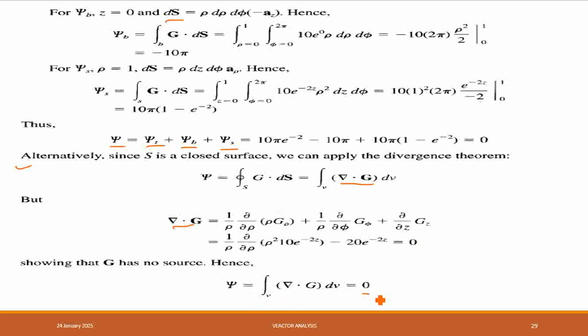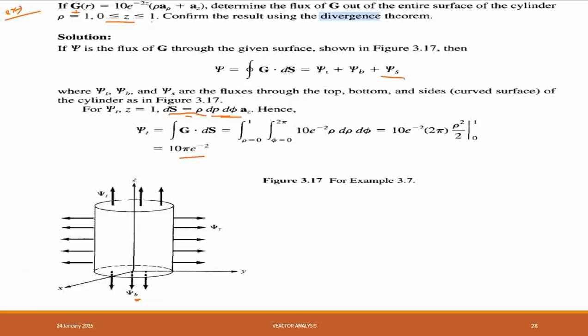So the result is the same here and here. So I have discussed two methods to find this flux: using the divergence theorem method and using the cylindrical method, the formula-based method.